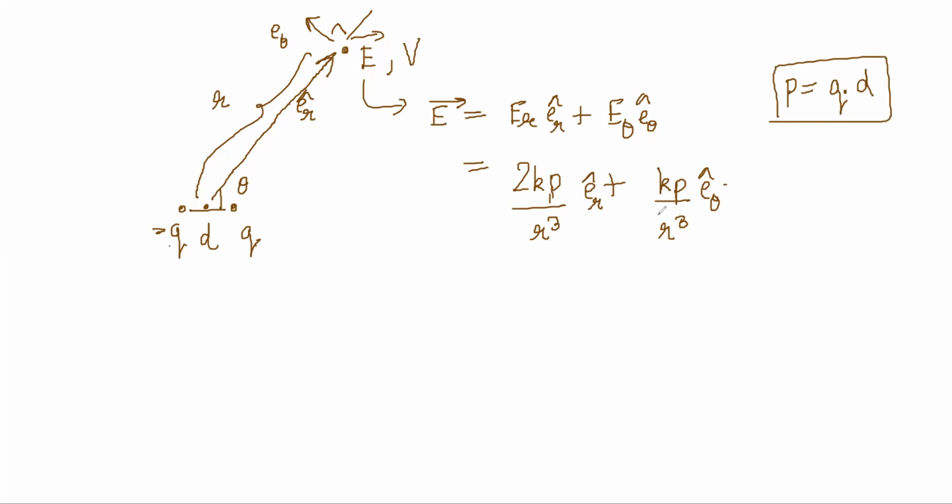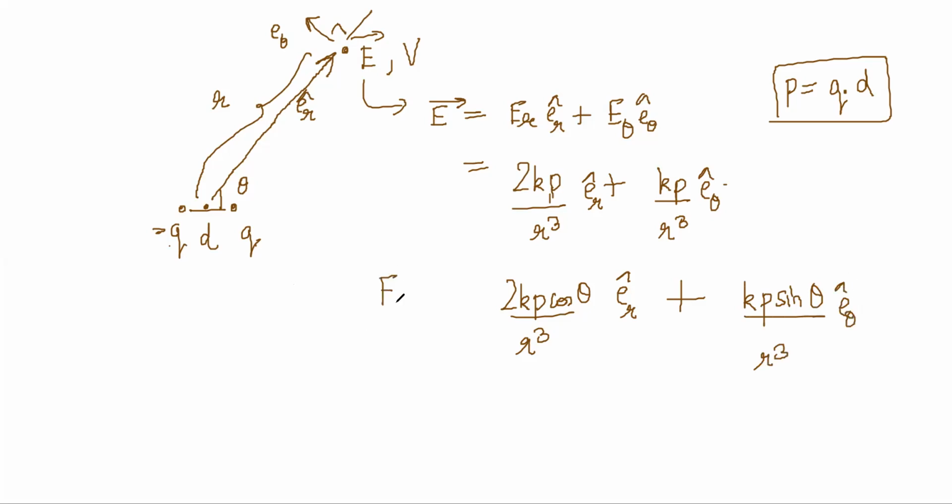More precisely, it is 2kp cos theta by r cube e_r plus kp sin theta by r cube e_theta. I think this is the correct formula for the electric field, where p is equal to qd.